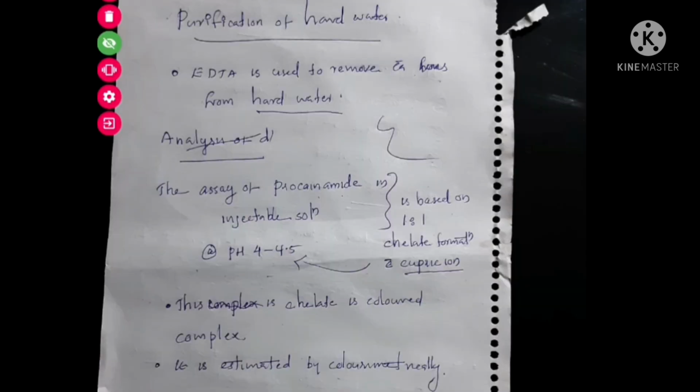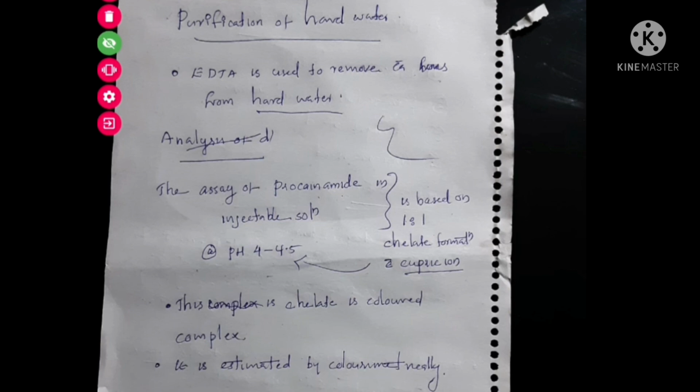The next one is purification of hard water. Ethylene diamine tetraacetic acid is used to remove calcium from hard water. It is also used for the analysis of drugs, in the assay of procainamide in injectable solutions.